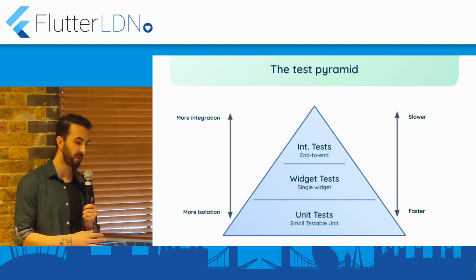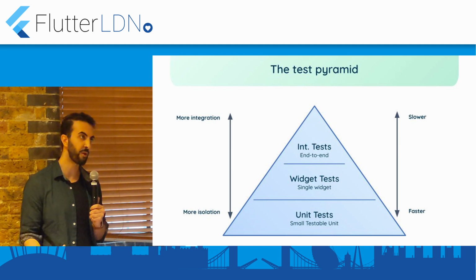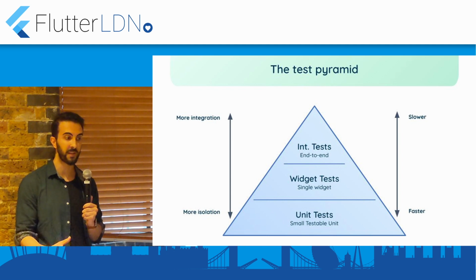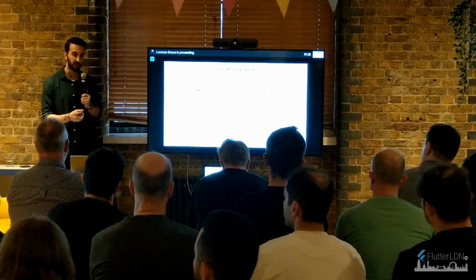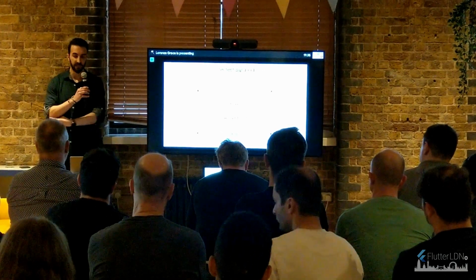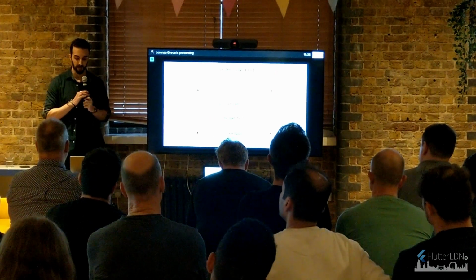So why do we write a small amount of integration tests? Because they are slower and hard to maintain, but at the same time, we should take into account that integration tests are the ones that provide us the highest level of confidence, okay?